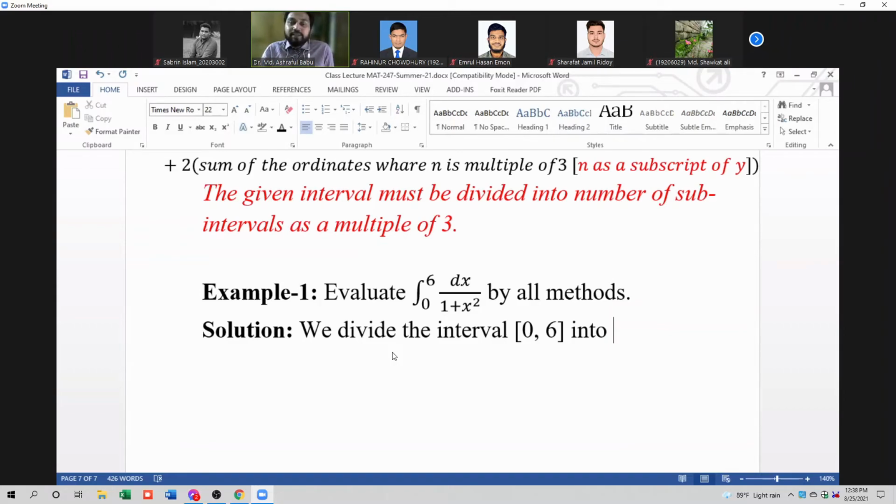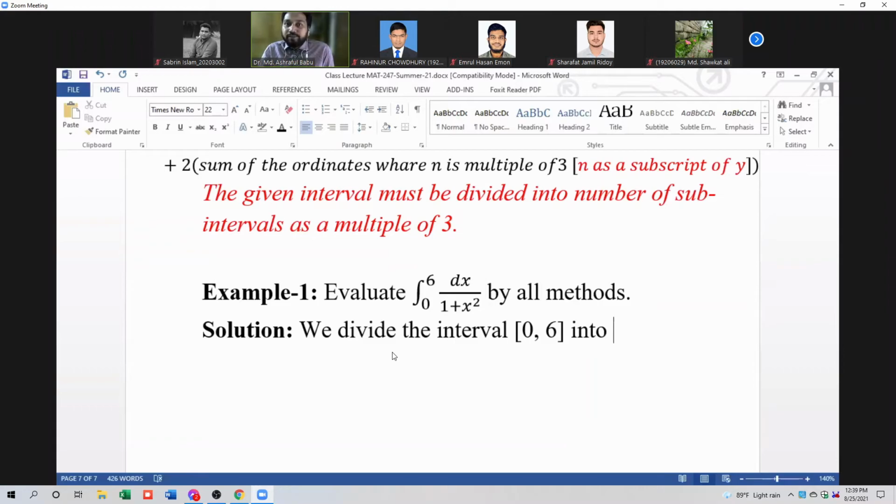Trapezoidal has no condition, so we do not have to bother about it. You must concern Simpson one-third and 3-8. One-third needs even intervals, and 3-8 needs a multiple of 3. So you have to find a number which is even and also a multiple of 3, like 3 into 1, that is 3.